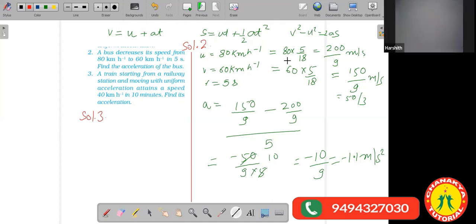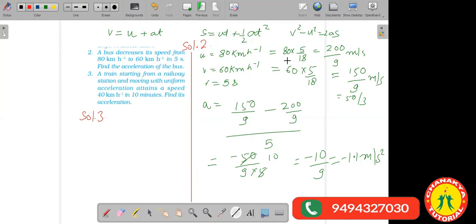Whoever solves it out, please send your answer as a direct message.